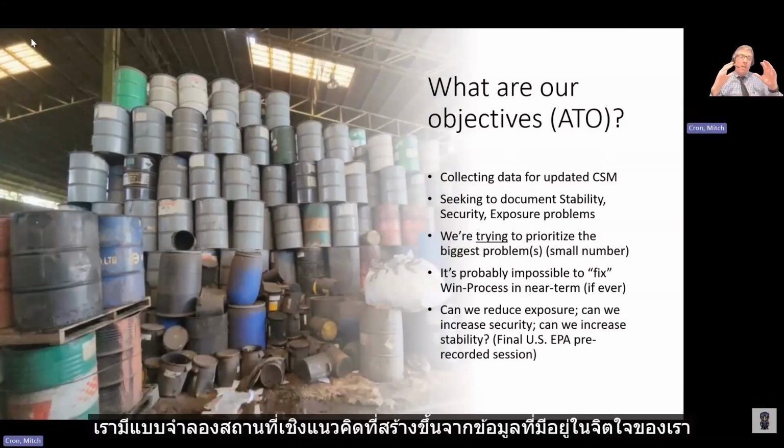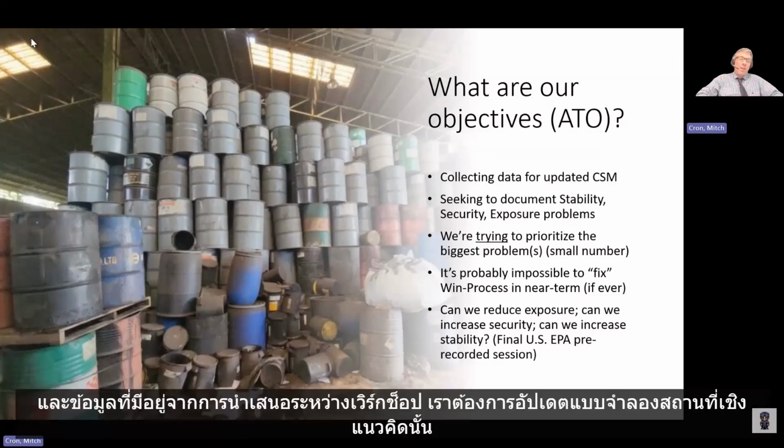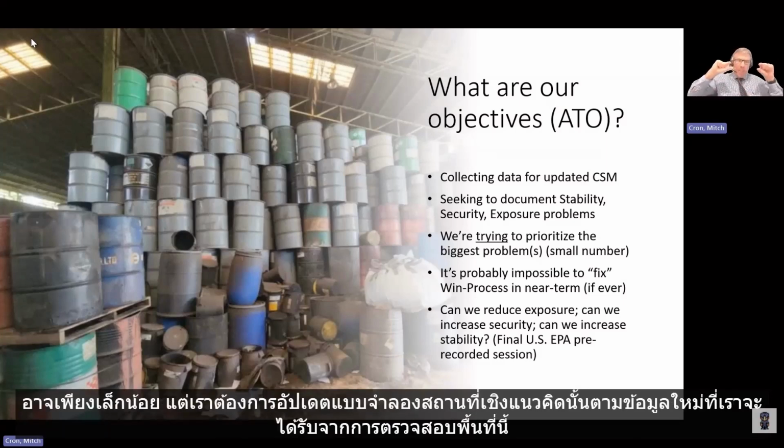We have a conceptual site model that was constructed based upon existing information in our minds and existing information from presentations during the workshop. We want to update that conceptual site model, maybe just a little bit, based upon new information that we'll glean from this site inspection.